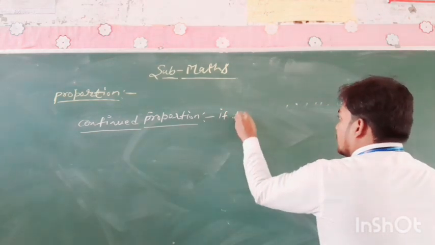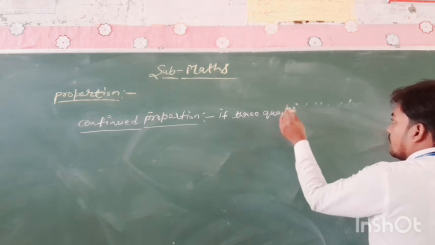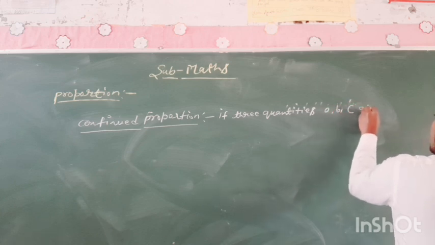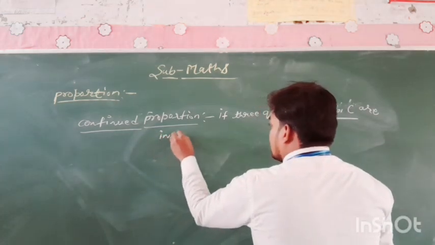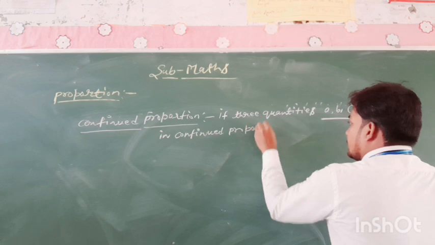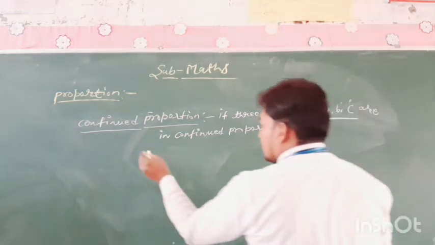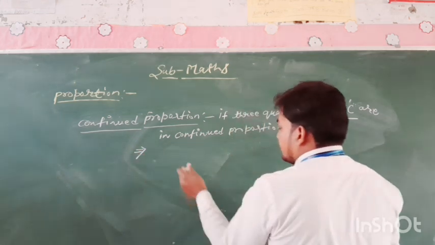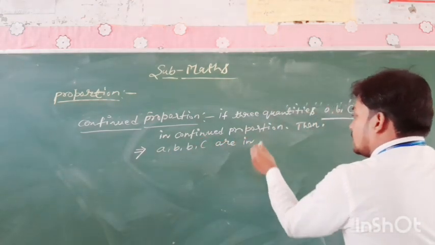If three quantities, let A, B, C, are in continued proportion, then this implies that A, B, C are in proportion.